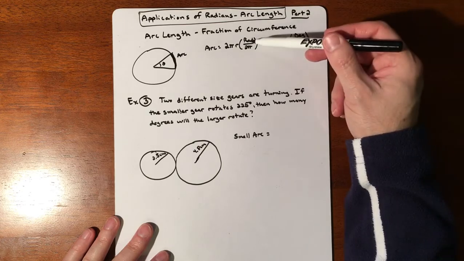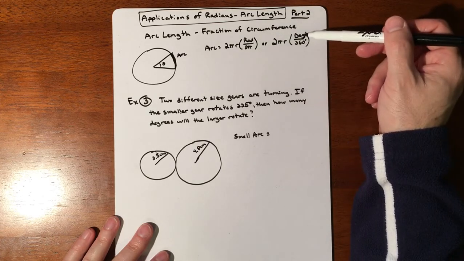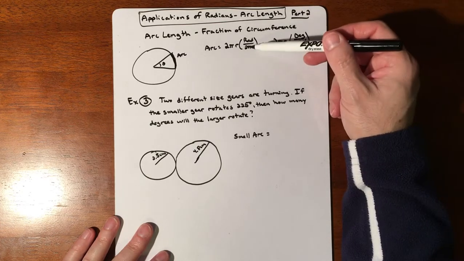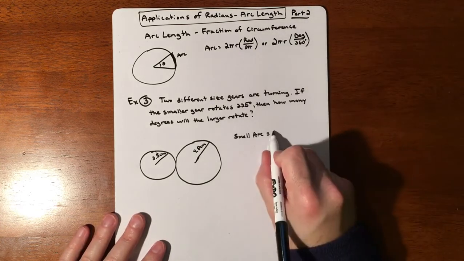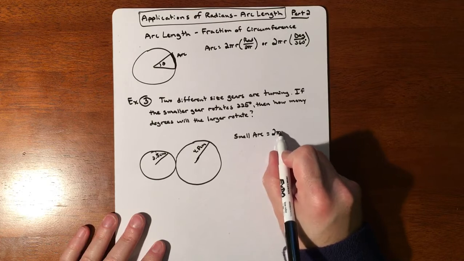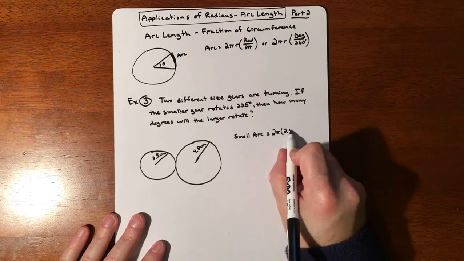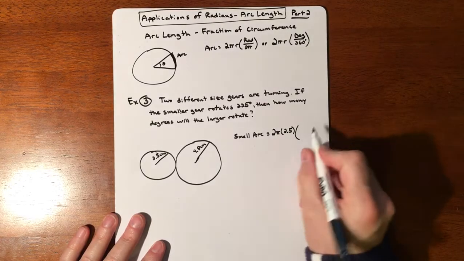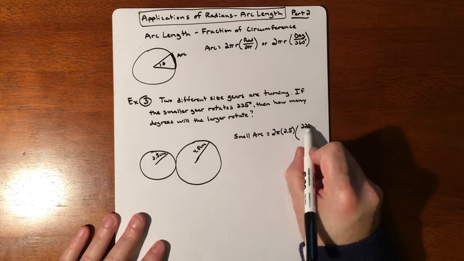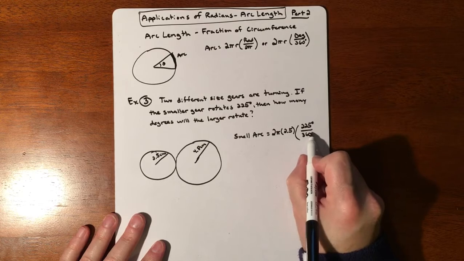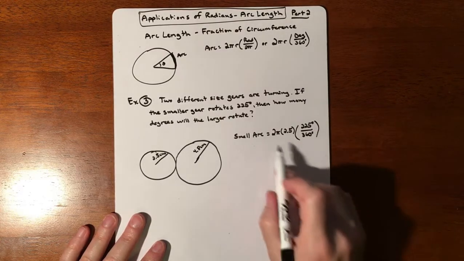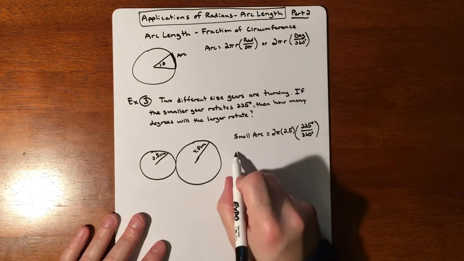So whether you're given it in radians or in degrees, it's going to be a fraction, something out of 360 or something out of 2 pi, and then just times your circumference. So we have 2 pi times our radius, and then we have 225 degrees out of 360 degrees. So whatever that turns out to be, that's the small arc.